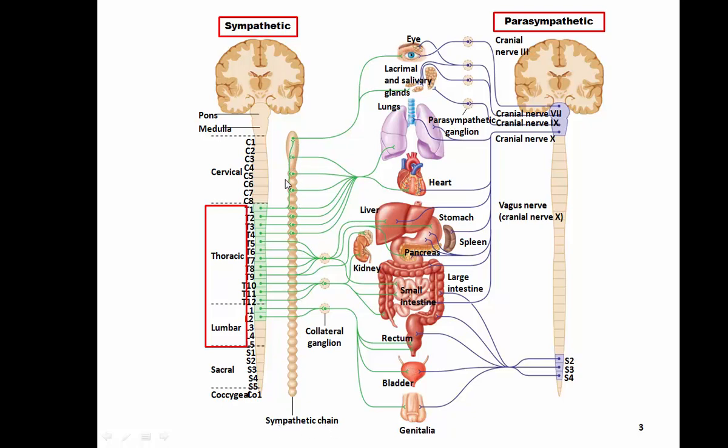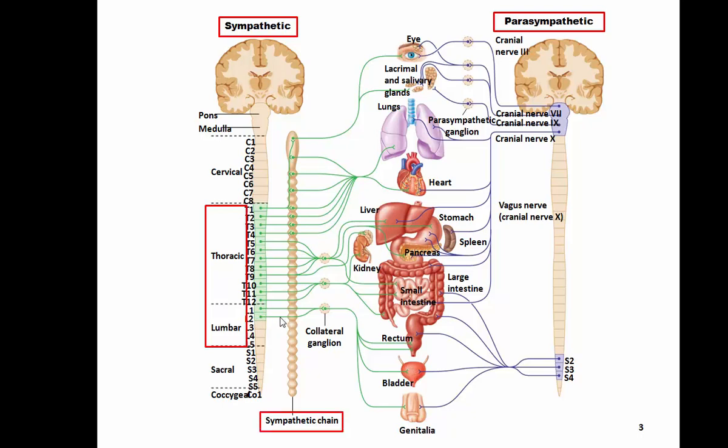These are clusters of nerve cell bodies and synapses that exist outside the spinal cord. The control of a range of organs, from the eyes to the lungs to the digestive system, will arise from nerves that exit the thoracic vertebrae, as well as L1 and L2 of the lumbar vertebrae. That's lumbar spinal cord level 1 and lumbar spinal cord level 2.